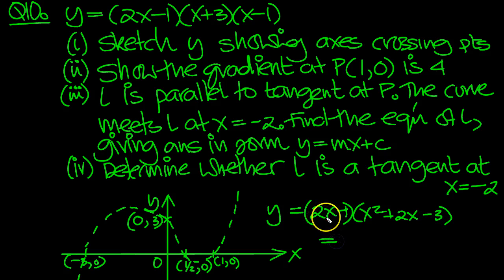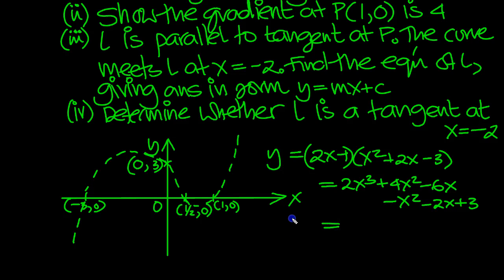So that's equal to, run the 2x through, 2x cubed, 2x times 2x is 4x squared, and then 2x times minus 3 is minus 6x. Run the minus 1 through: minus x squared, minus 2x next, and then plus 3, when we times it by minus 1.